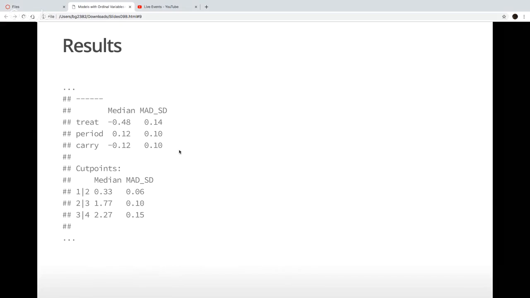from RStanArm. Here are the posterior median and posterior standard deviation estimates for the coefficients up top, and for the cut points at the bottom.